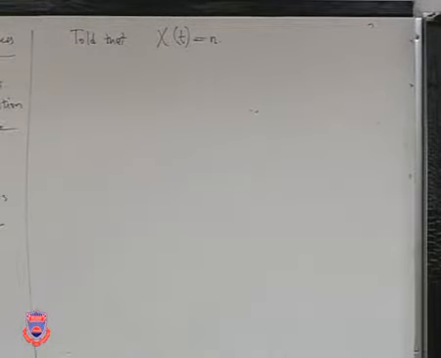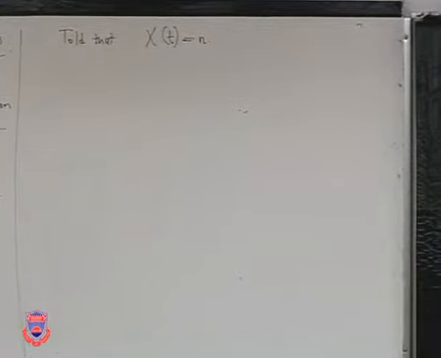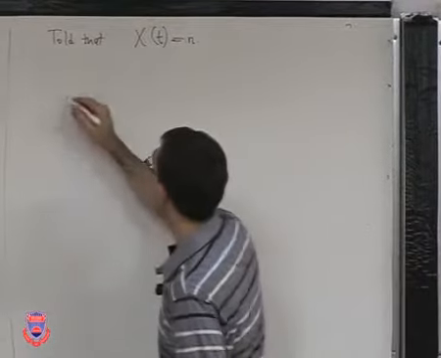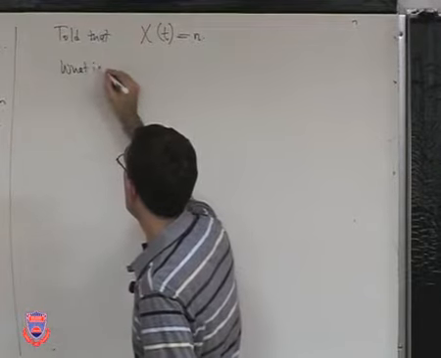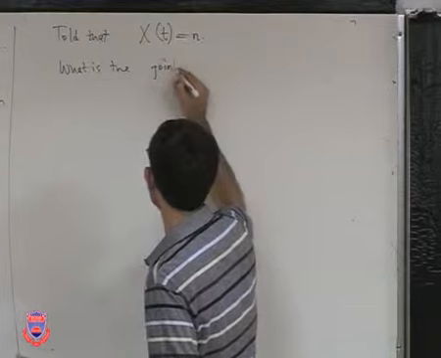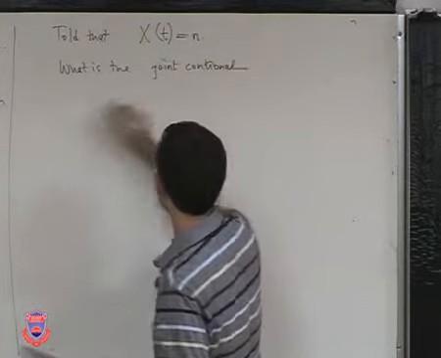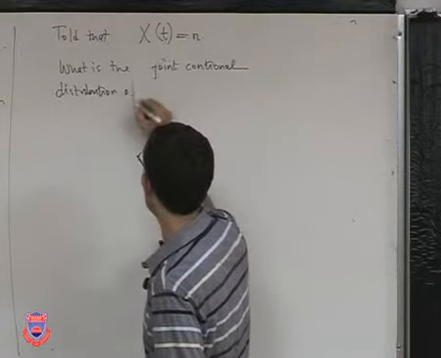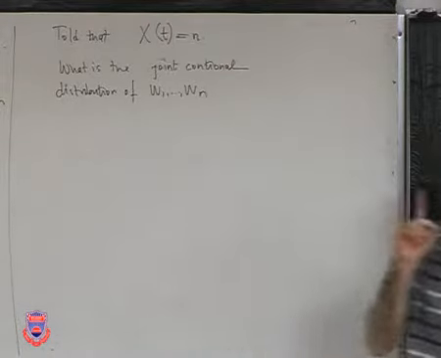Now you want to know more about when those n arrivals land in the interval from 0 to t. So you want to know the joint conditional distribution of W1 to Wn, because you are told now that there are n arrivals.